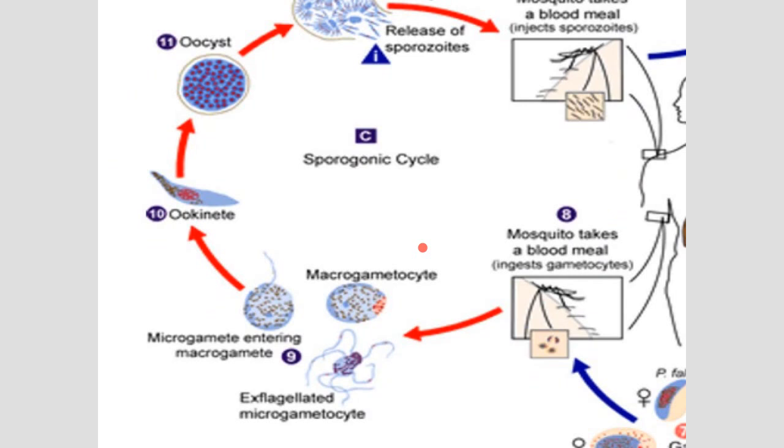So you can see from here that a part of it goes into the mosquito, especially the gametocyte stage, where you can see the words ookinete, oocyst and sporozoites. So these are again another cycle.